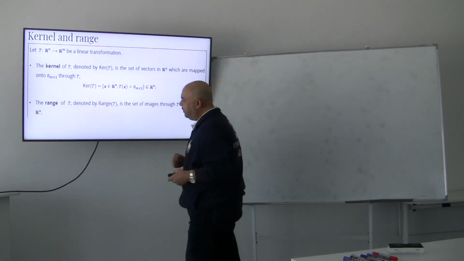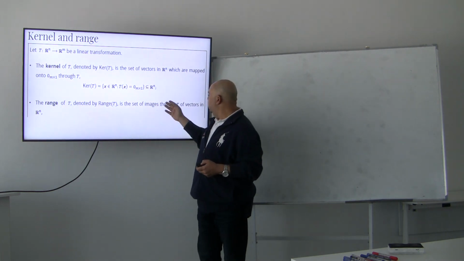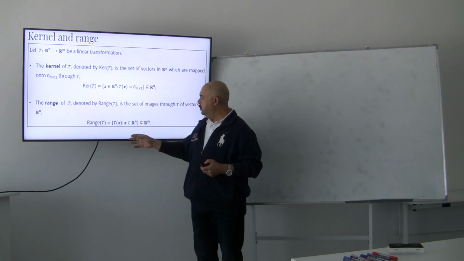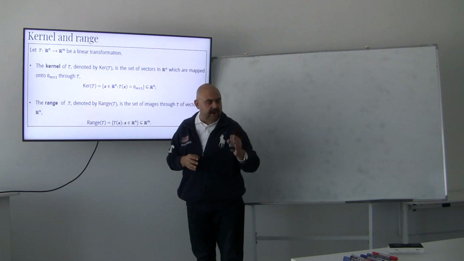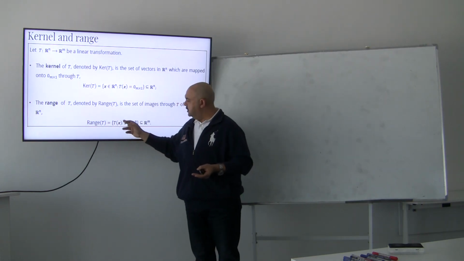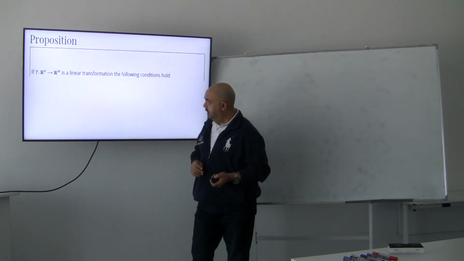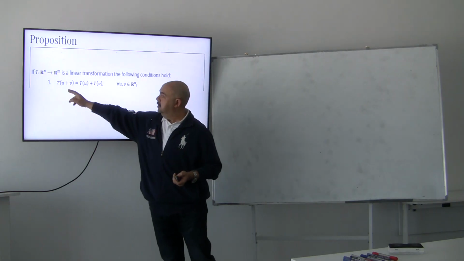The range of T, denoted by range T, is the set of images through T of vectors in Rn. It's exactly like the result of multiplying A times X, which is given later in vector spaces. So the range of T is the set of T of X such that X belongs to Rn, and it's a subset.